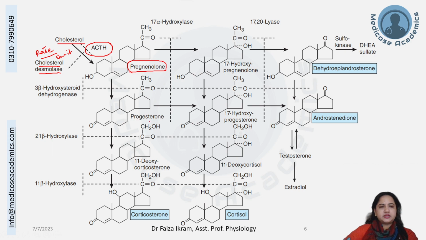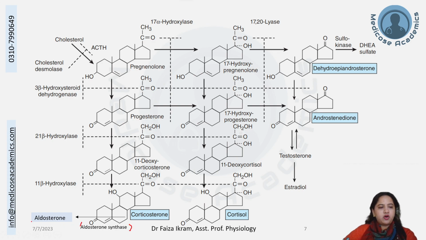Pregnenolone is converted into progesterone, which is then converted into deoxycorticosterone and ultimately into corticosterone. This corticosterone can be acted upon by aldosterone synthase to form aldosterone, and this is only going to happen in the zona glomerulosa.